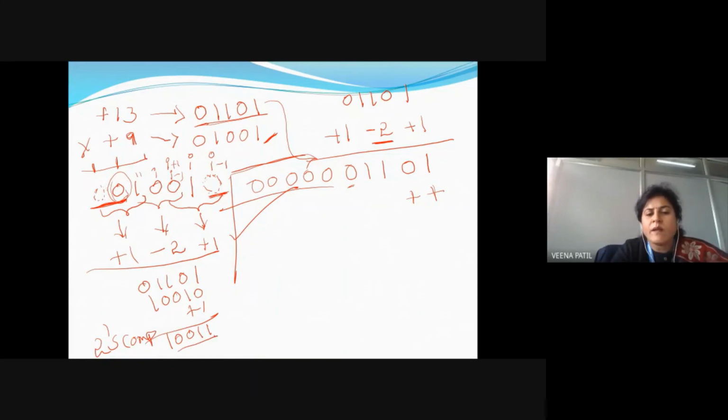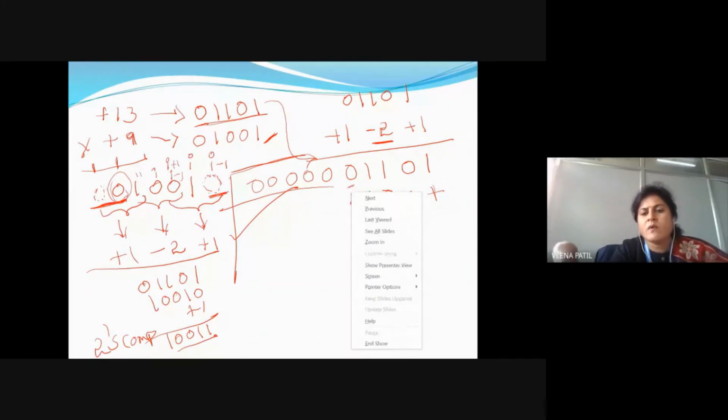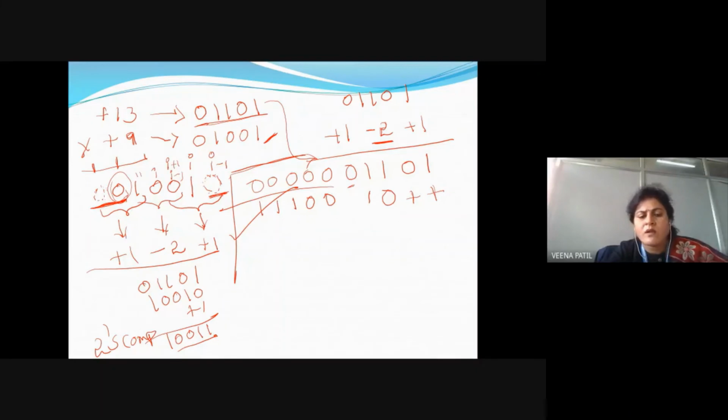Now this 2's complement I'm supposed to write here, but after a 1-bit shift, because it is minus 2. If it is minus 1, then I should write it as it is. But if it is minus 2, then I will just shift it by 1-bit position, that is, I will append a 0.